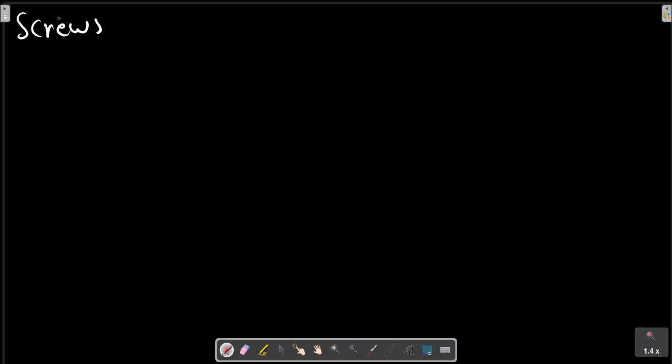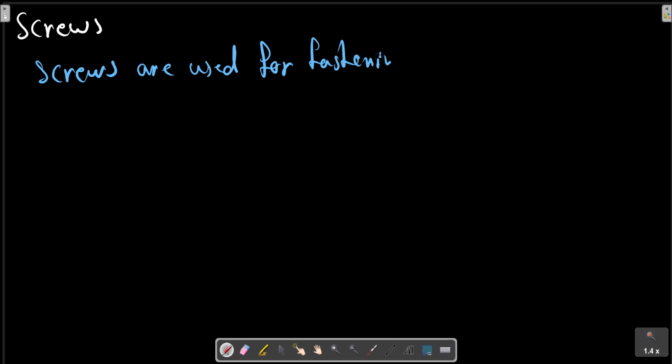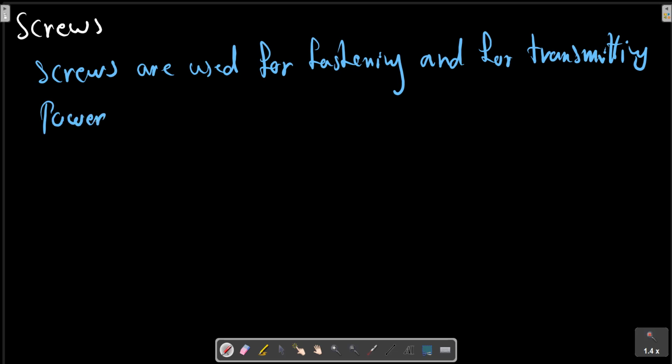Screws are used for fastening and for transmitting power or motion.